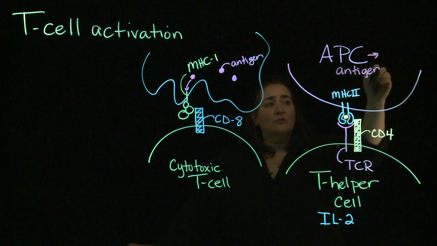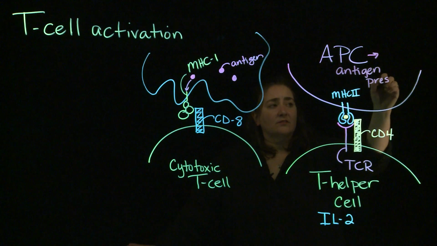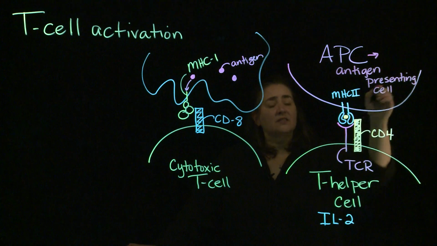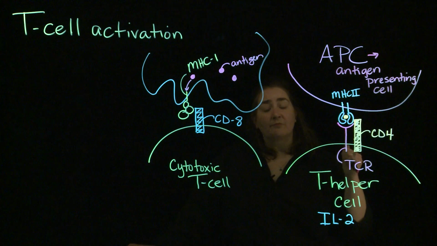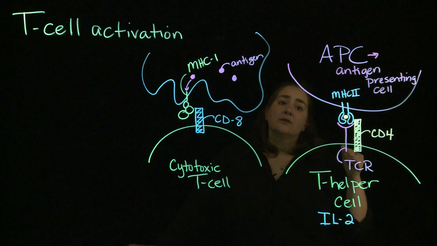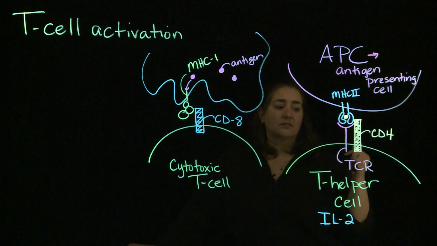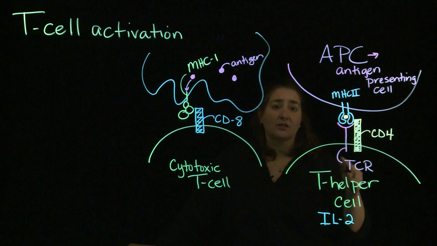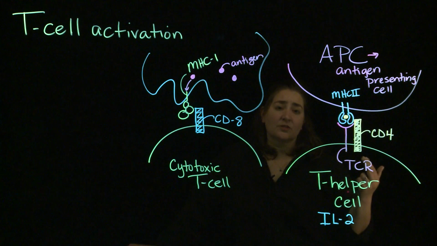And remember, those antigen-presenting cells are going to be cells like macrophages, dendritic cells, possibly a B cell, although in terms of the T helper cell, most often it's a dendritic cell or a macrophage that does the activation.